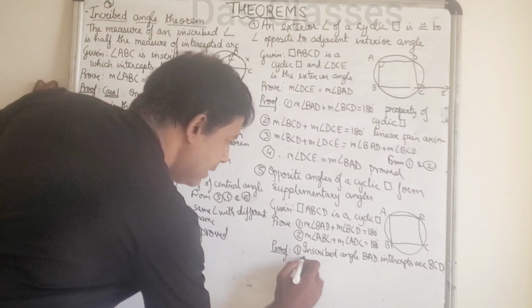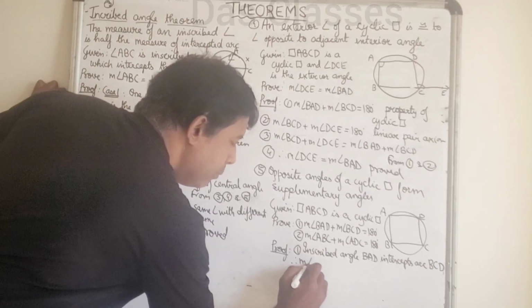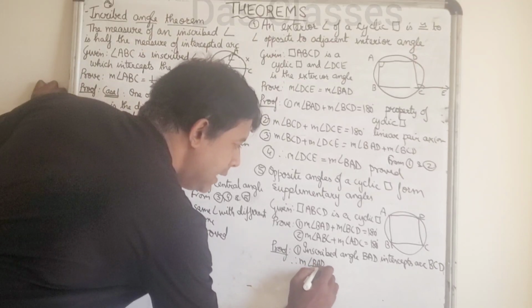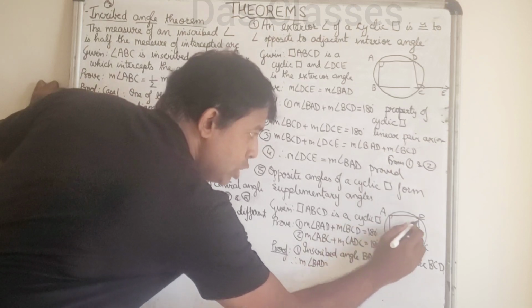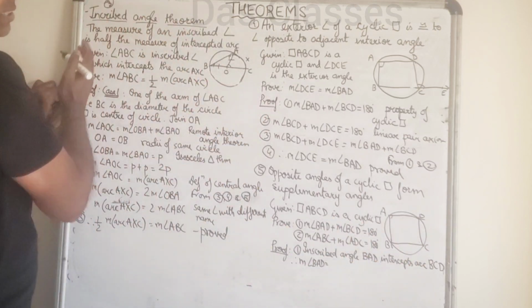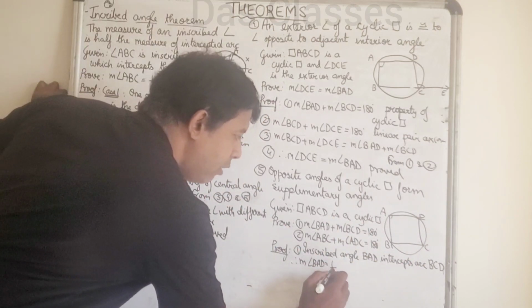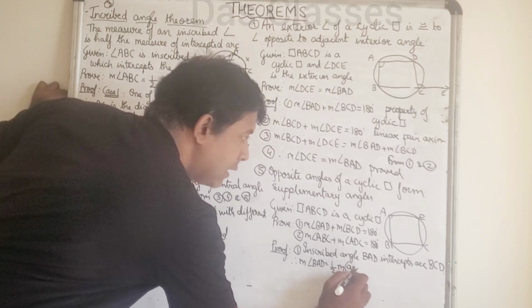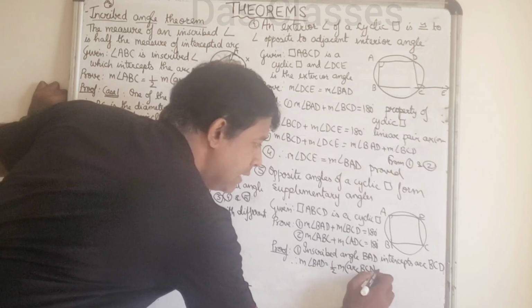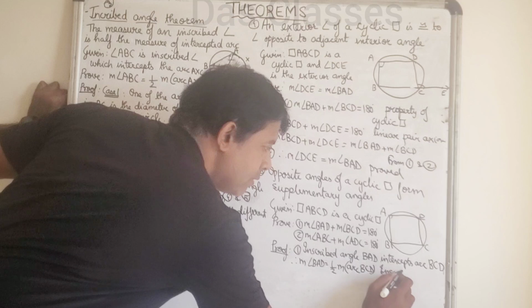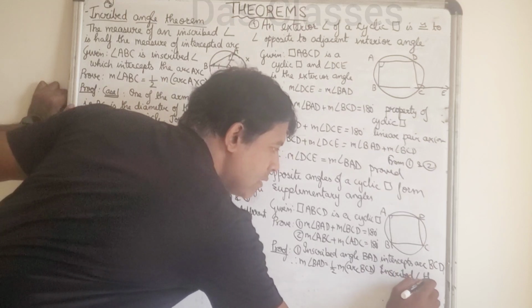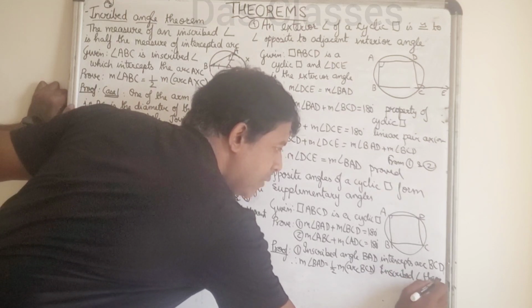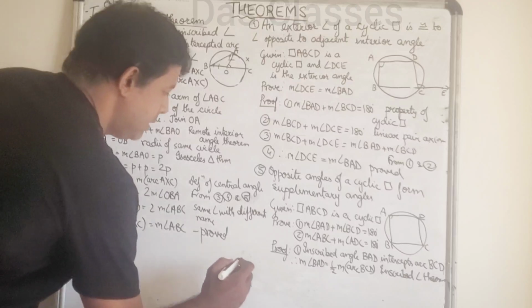Therefore what we can say is measure angle BAD, this angle, should be half of this arc. Just now we saw the inscribed angle theorem: half of measure arc BCD, inscribed angle theorem.